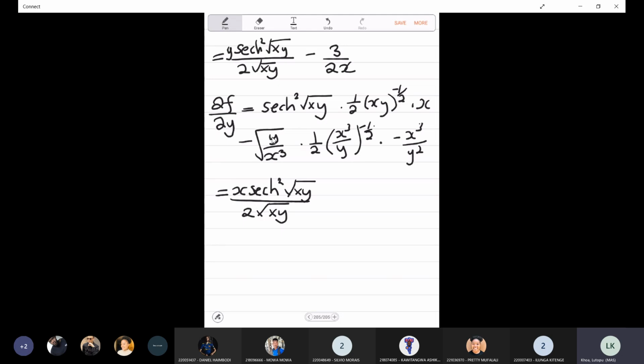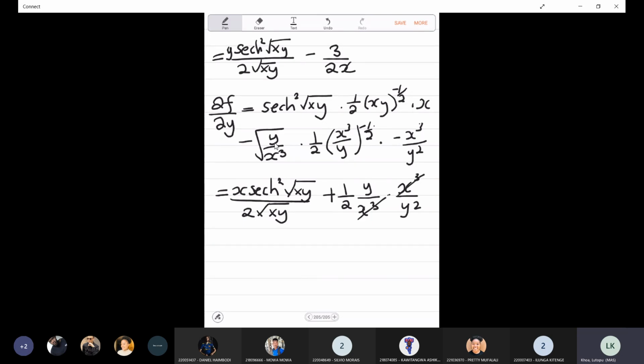And again, when we multiply these two, the square roots will cancel, because what is under the square root is exactly the same. So we have plus a half, y over x to the power of 3, multiplied by x cubed over y squared.